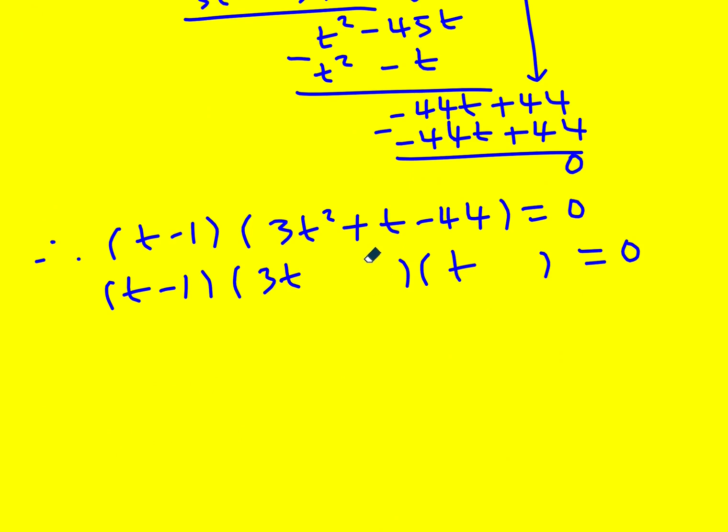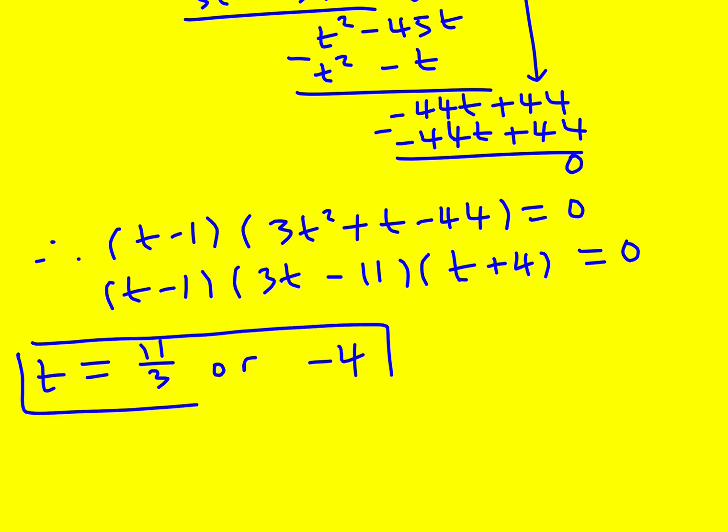I did that quickly because I could see that 3 times 4 is 12, 11 times 1 is 11. I can easily get my plus t. So this one positive to give me 12t, and this one negative to give me minus 11t. And therefore t is equal to 11 over 3 or minus 4. So those are the other two.